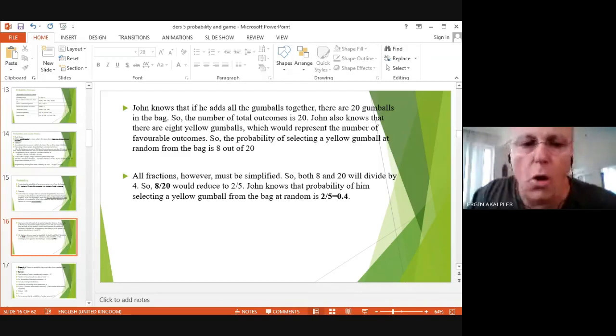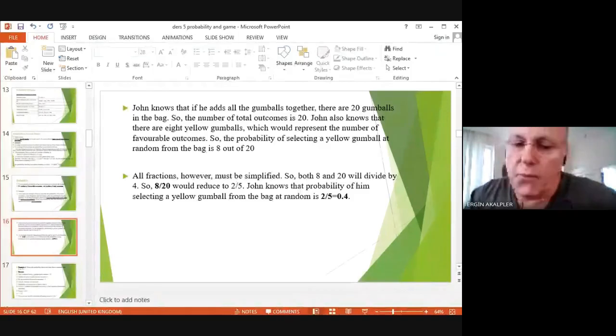John also knows the yellow gumballs, which represent the number of favorable outcomes. So the probability of selecting a yellow ball at random from the bag is 8 out of 20. We have to calculate this probability from the favorable outcomes divided by the total items.